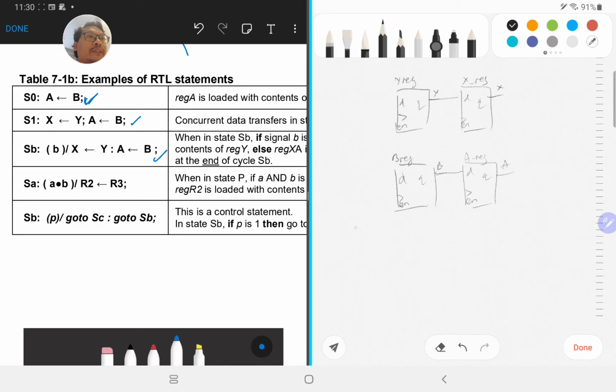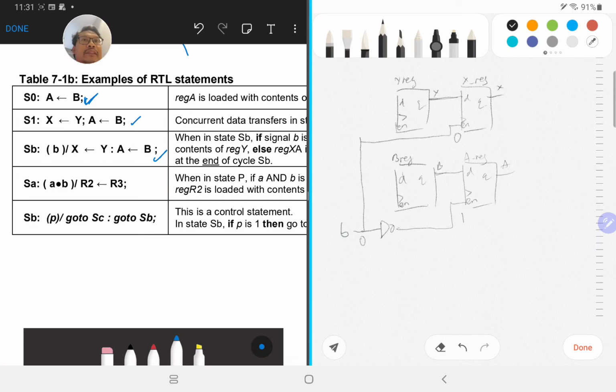If B is equal to 1, then you want to transfer Y into X. So let's say B is 1, then we are going to enable the X register, and therefore whatever is on Y is going to be put into X. However, if B is 0, then the enable for X is 0 and the enable for A is 1.